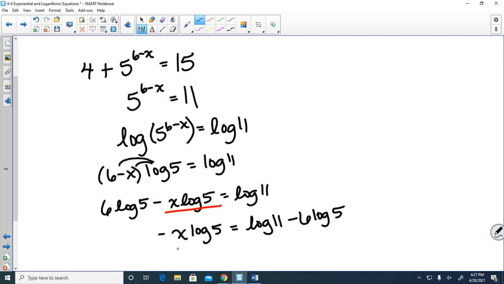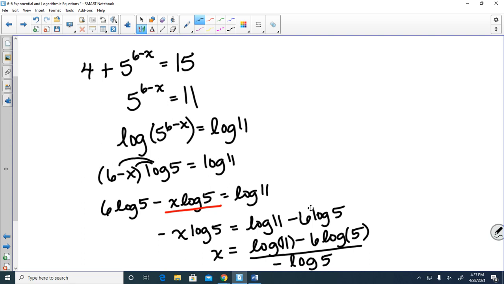And then if I divide both sides by negative log 5, x will be log of 11 minus 6 times the log of 5, all divided by negative log of 5. So this would be the unsimplified version. Then you can type that into a calculator, come up with a decimal approximation.